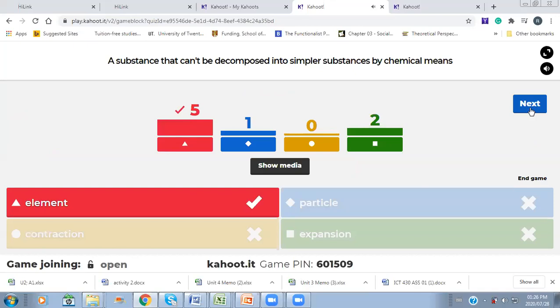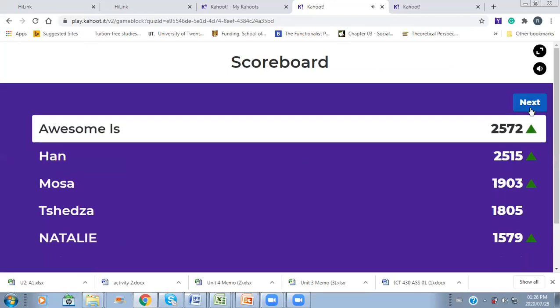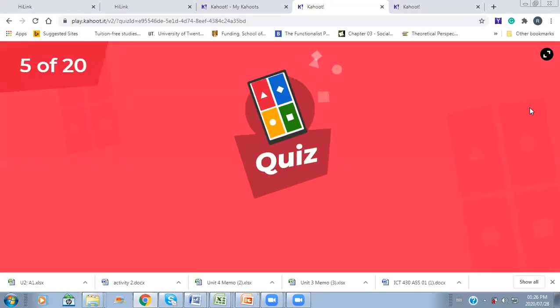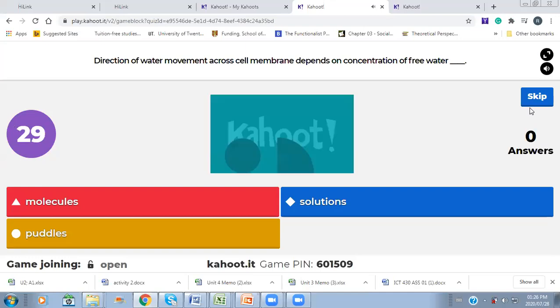Perfect. It's an element. Let's go to the next. All right. Direction of water movement across cell membranes depends on the concentration of what? The free water.